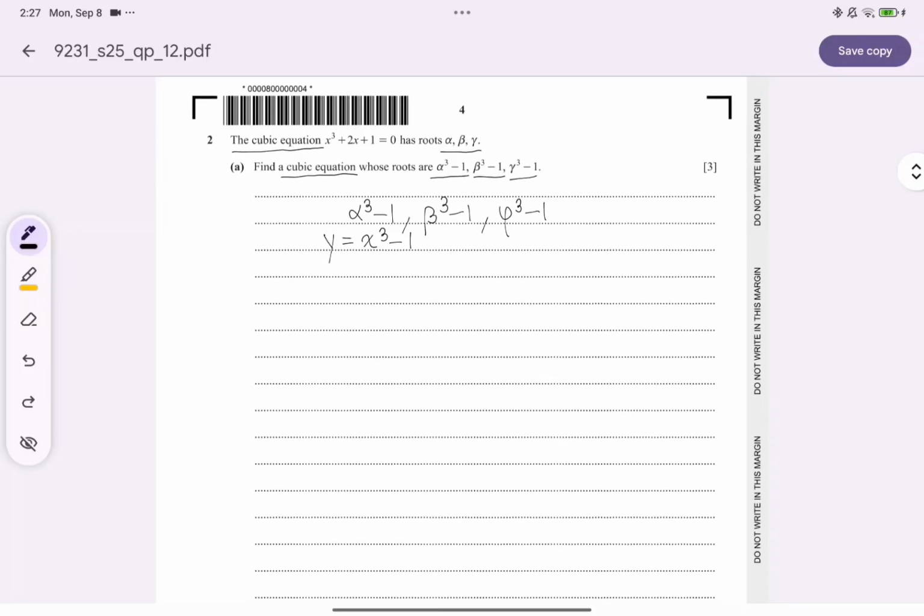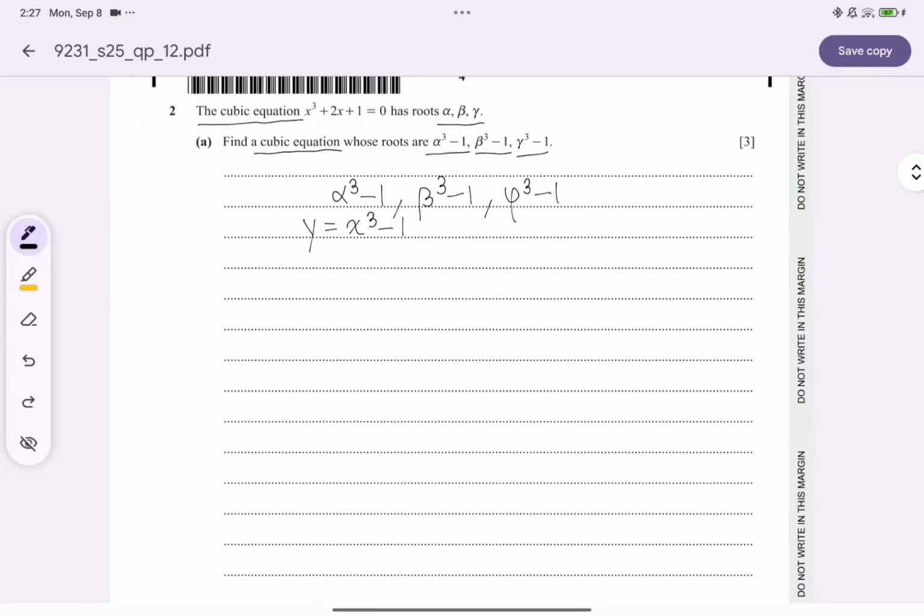We substitute x into the original equation to get a cubic equation in terms of y with these roots. So first let's make x cubed the subject. Here x cubed is just y plus 1, and let's also make x the subject, so x would be the cube root of y plus 1. So this is just y plus 1 to the power of 1/3.